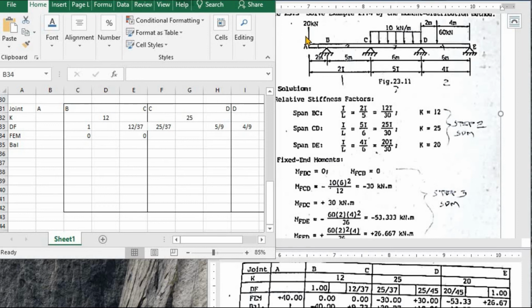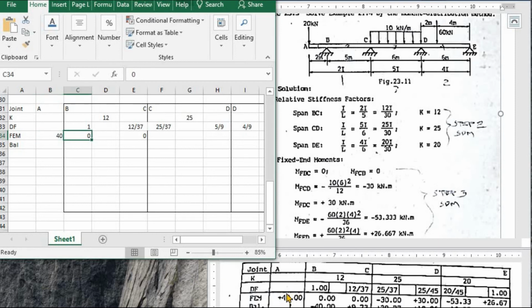That is your fixed end moment. That would be 20 times 2. It will give you 40. Pero ano yung direction ng reaction moment niya? It is clockwise direction. Okay? So that is positive 40. Yan. So you type there 40.